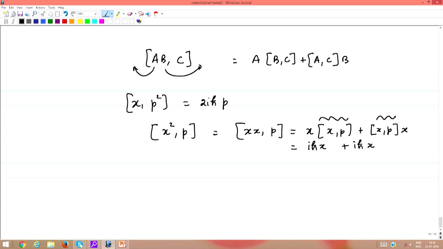The number commutes with all these operators, so the number goes away. So, you have 2 i h bar x. Now, I would leave it to you to show using a similar form that x square comma p square is 2 i h bar times x p plus p x.